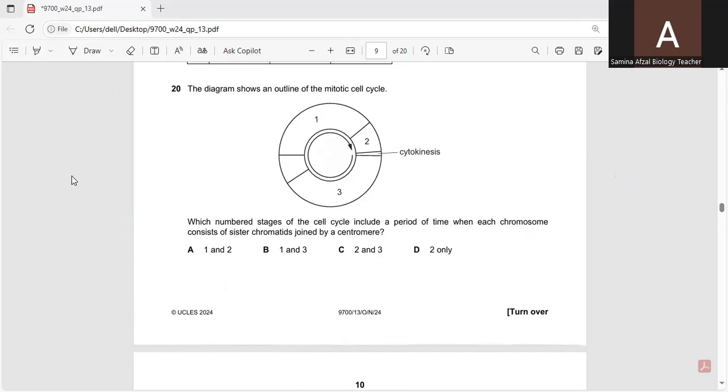And after 2, there is cytokinesis. Which numbered stages of the cell cycle include a period of time when each chromosome consists of sister chromatids joined by the centromere? So here you can see this is a cell cycle with different phases.